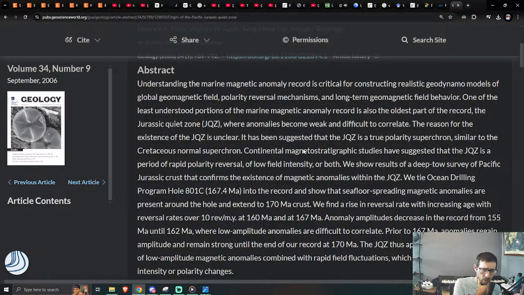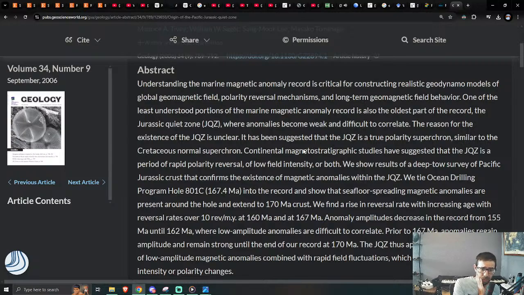We show results of a deep-tow survey of Pacific Jurassic crust that confirms the existence of magnetic anomalies within the Jurassic Quiet Zone. We tie an Ocean Drilling Program hole into the record and show that seafloor spreading magnetic anomalies are present around the hole and extend to 107 million year old crust.